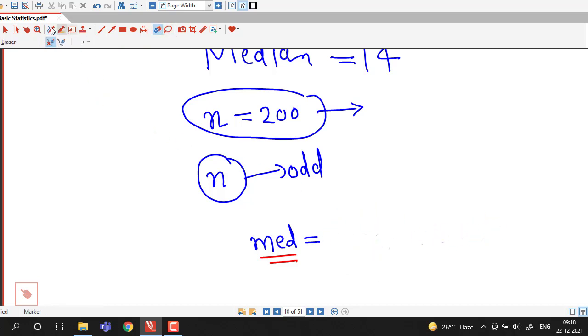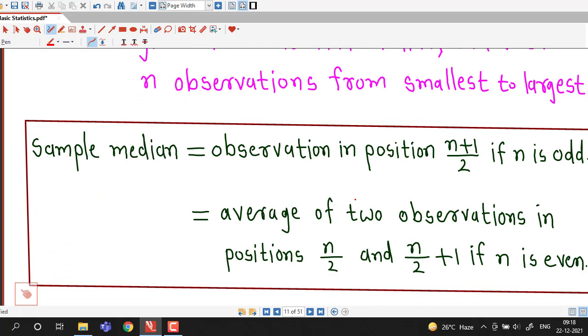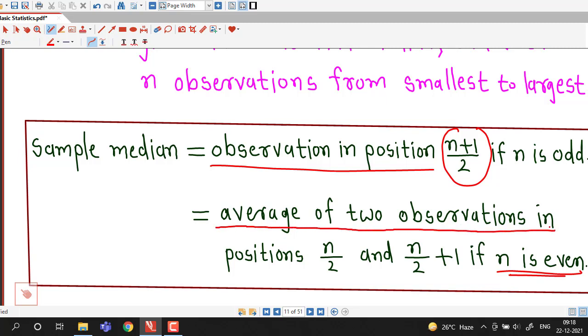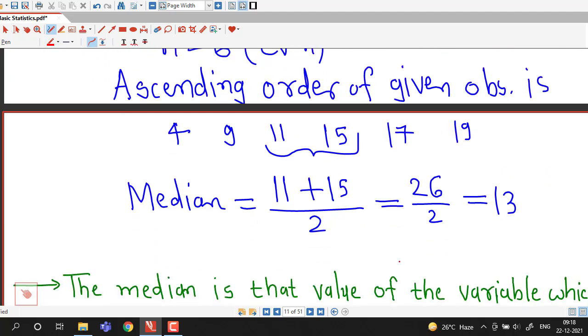Now if n is even, then average of two observations in position n by 2 and n by 2 plus 1. So that we can understand for this particular problem.